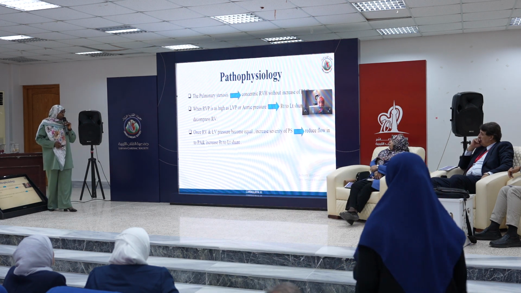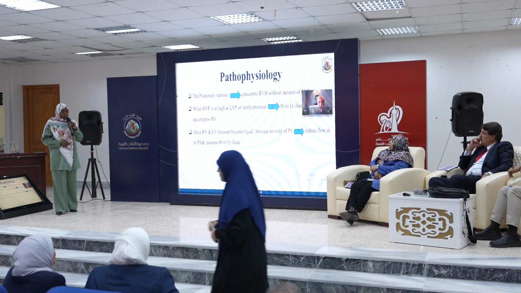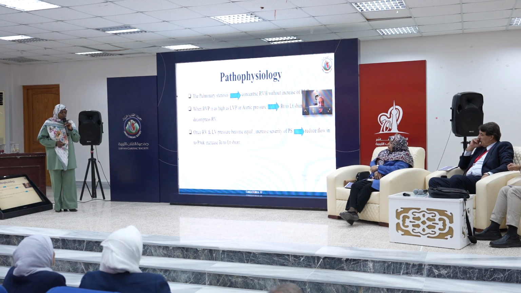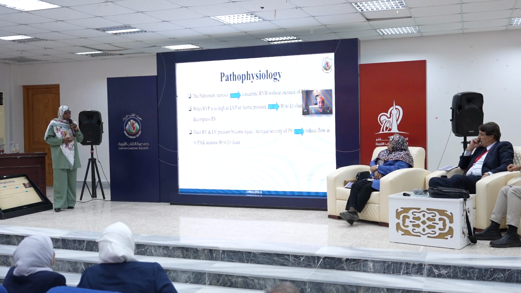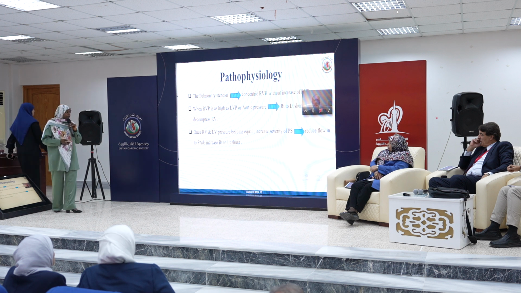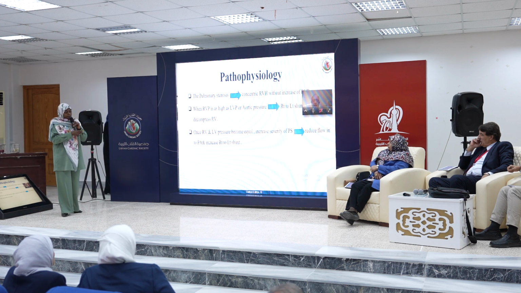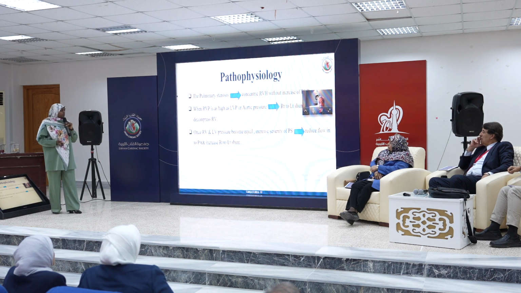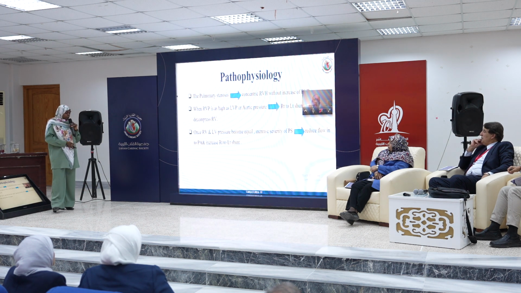For pathophysiology, pulmonary stenosis creates a concentric right ventricular hypertrophy without an increase in right ventricular pressure. By the time the right ventricular pressure equals the left ventricular pressure, they permit a right to left shunt to decompress the right ventricle. Once the right and left ventricular pressures are equal, with severe pulmonary stenosis, this will reduce the flow through the pulmonary artery, so the cyanosis increases.